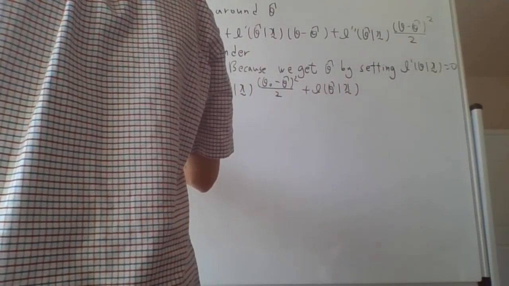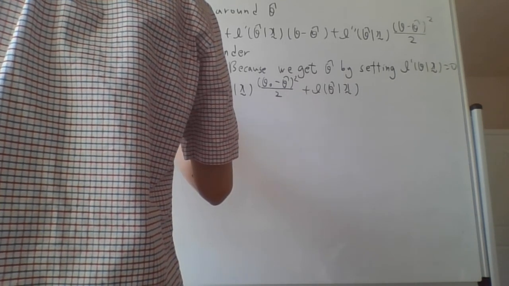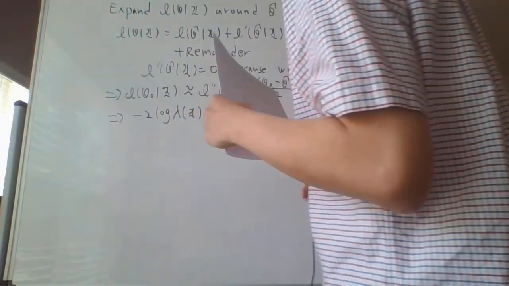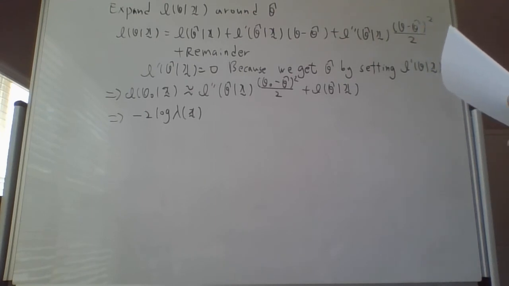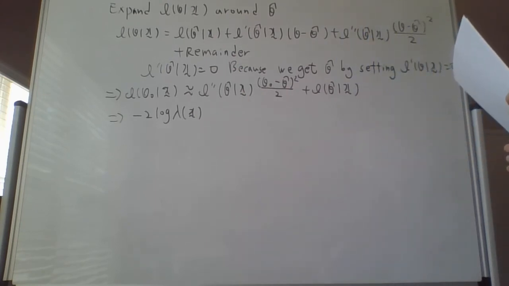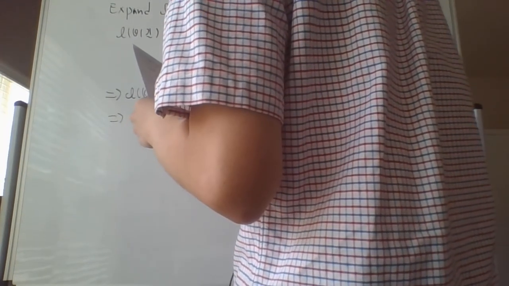Then log of lambda of x tilde is... remember that minus 2 times log lambda is minus 2 times the log likelihood under theta 0 plus 2 times the log likelihood under the unrestricted MLE.